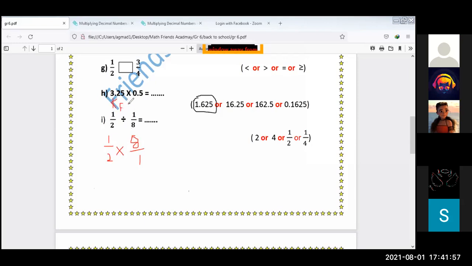I told you, keep it, change, flip. Keep the first fraction as it is, change the sign, flip the second fraction. Keep it, change, flip. And I told you you can remember this with KFC, a brand.